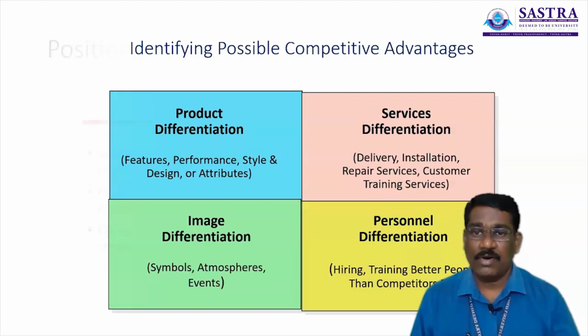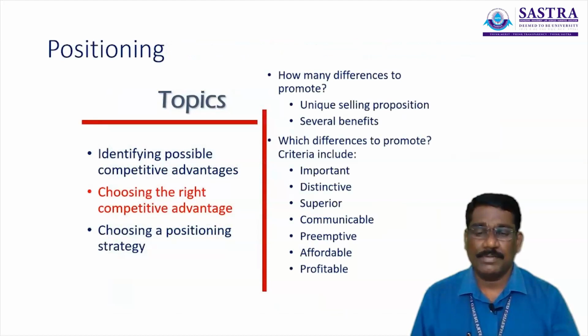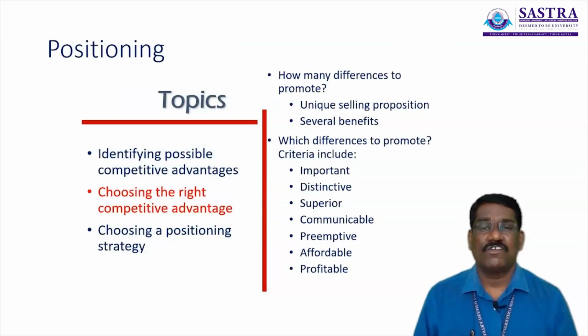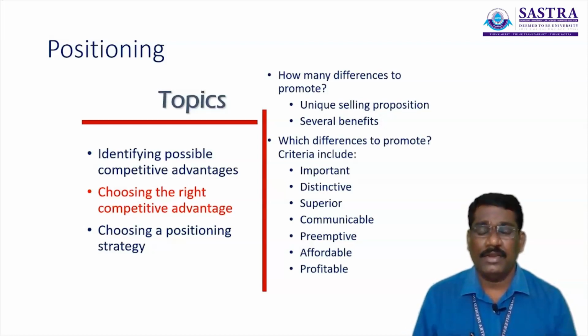Okay. Next, moving on to choosing the right competitive advantage. How many differences to promote? You cannot have clutter. You need to consolidate the selected benefits, and you need to develop a unique selling proposition. That should be unique, something a competitor does not possess, and you are trying to deliver that.